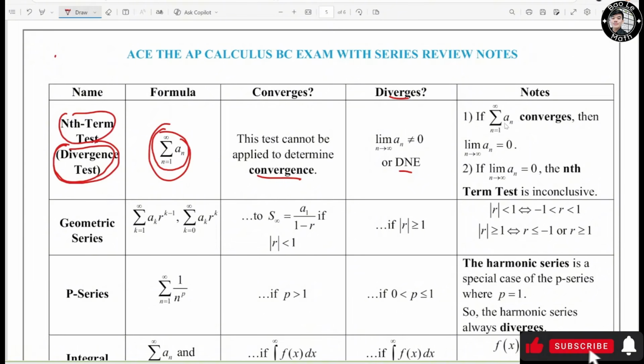Note that if the series a sub n converges, then the limit of a sub n as n approaches infinity equals 0. If the limit of a sub n as n approaches infinity equals 0, the n-th term test is inconclusive, right? So which means we don't have the converse of this.